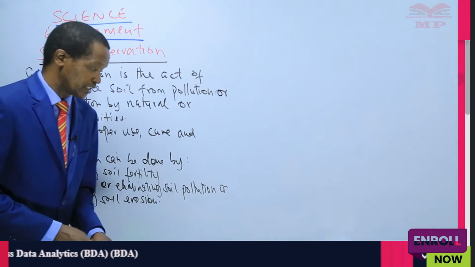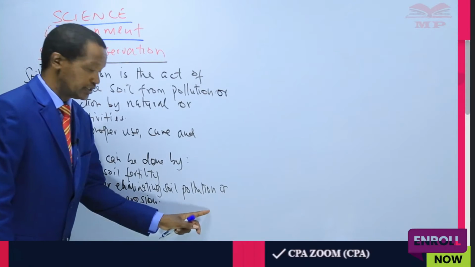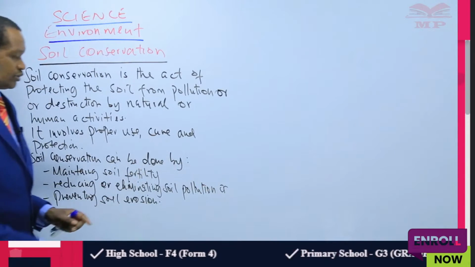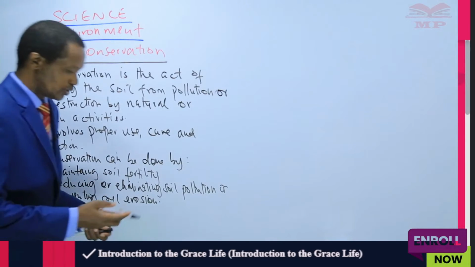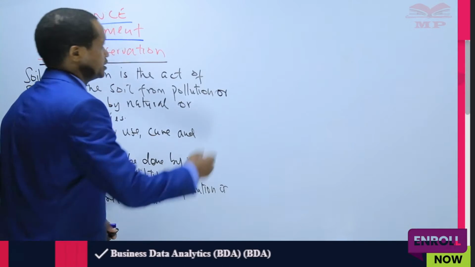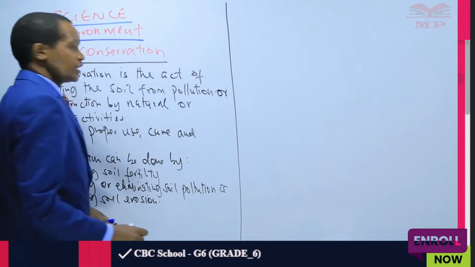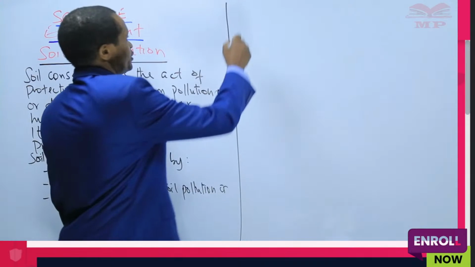In standard 7 again, we learned ways in which soil can be polluted. So now, what methods can we use in order to conserve soil? Soil conservation methods.